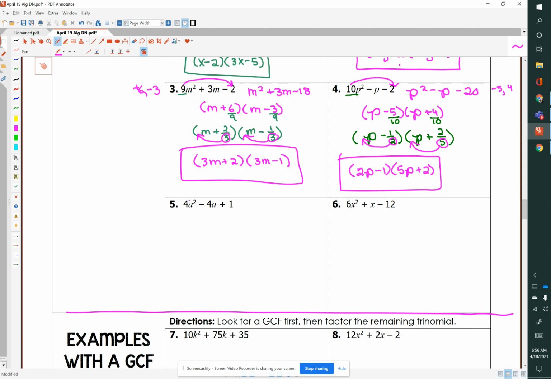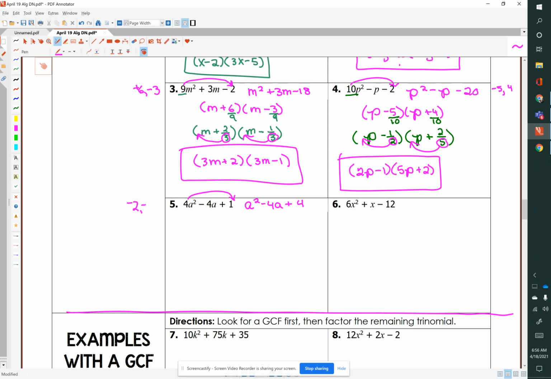So number 5, we slip the 4 next to the 1 and we multiply, which gives us a squared minus 4a plus 4. And we need two numbers that multiply to 4 and add to negative 4. So negative 2 and negative 2 would work for us.